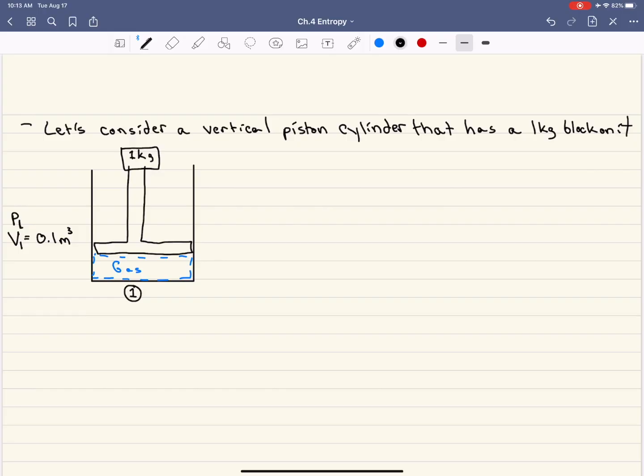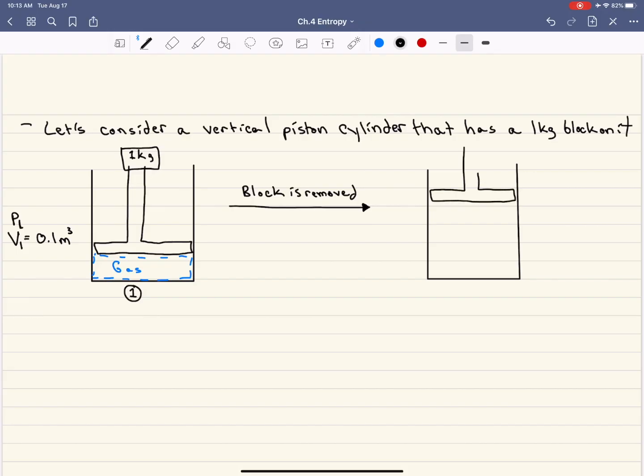And then what we're going to do to the system is remove that block. By removing the block, that allows the piston to move up and the gas to expand.